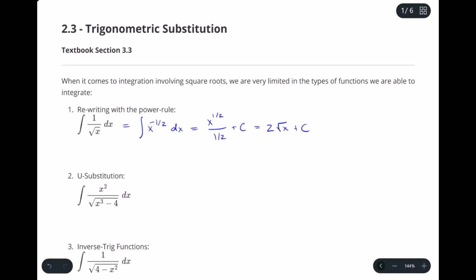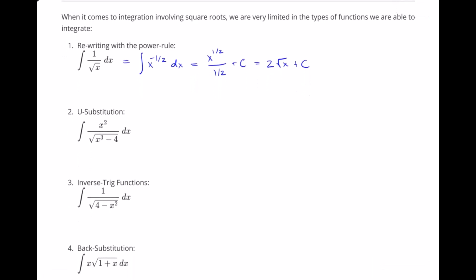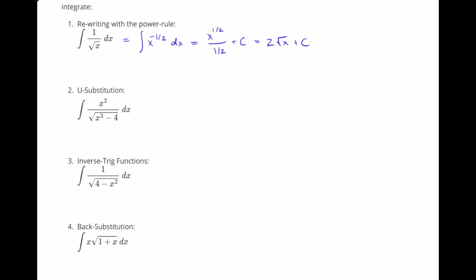x plus c. Okay. The next type of integrals that we learned how to work with that involved square roots were problems where substitution would work. So for instance, if I noticed here that the power of this polynomial underneath the square root is 1 more than the power of the polynomial in the numerator, I can take advantage of that and just let u be x cubed minus 4, so that du would be 3x squared dx.